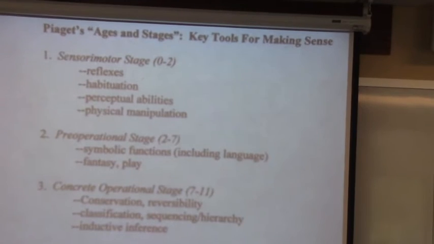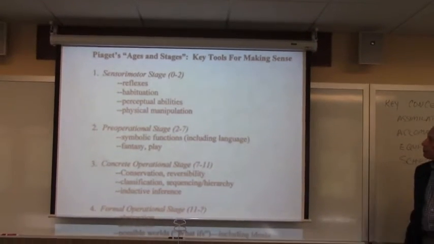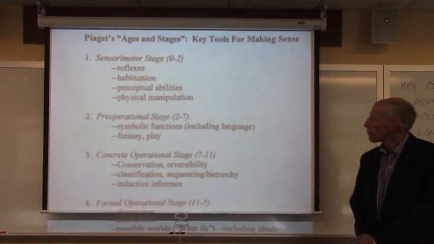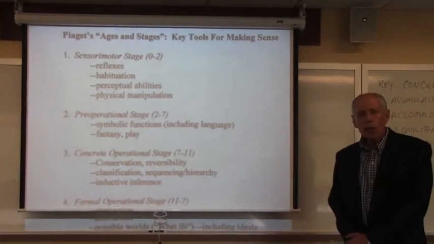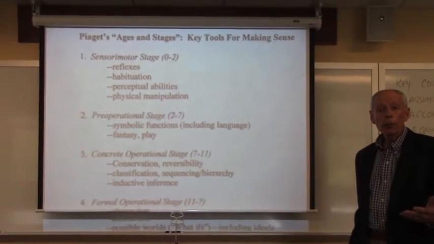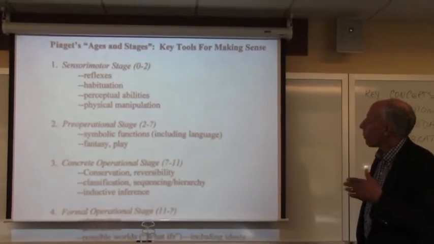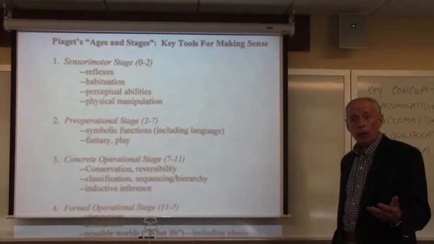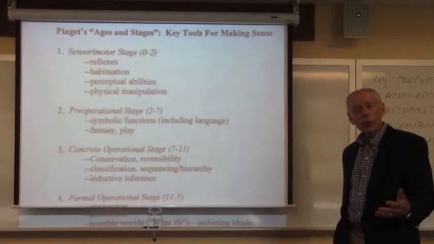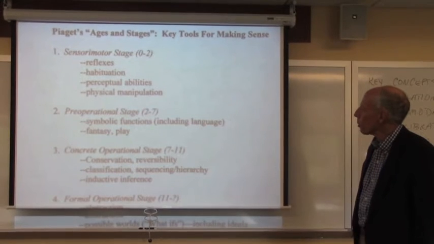Some of the features of this ages and stages model are these. Piaget noted that we're born able to learn. We learn through our reflexes that are part of the equipment that we actually come with as a newborn.